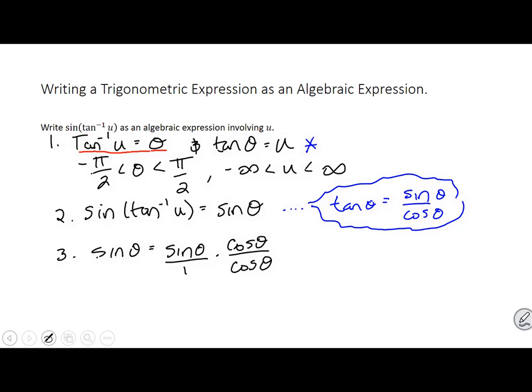This is a ratio of an expression over itself, so the denominator and the numerator are the same. This equals 1. So when you multiply by 1, you don't change the value of your expression. But in this case, I can use it to rearrange things a little bit. So notice that if I move the cosine over to be in the denominator with sine, I can rewrite this as sine theta over cosine theta times cosine theta rather.